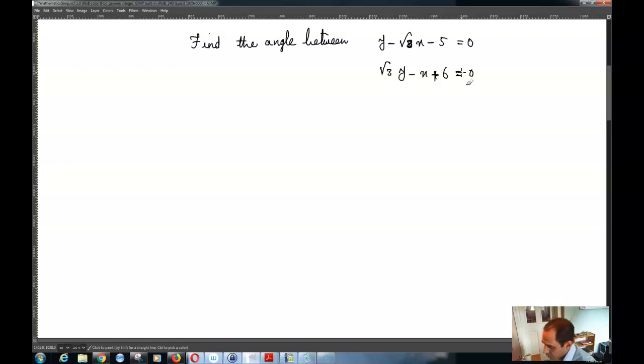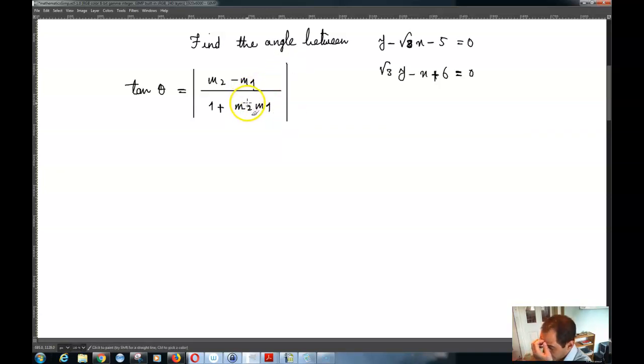And so if you remember, we did talk about the angle between two lines, and we derived the formula for this kind of situation, which was tan of theta, the acute angle between two lines, equal to the absolute value of m2 minus m1 over 1 plus m2 m1. So you can write it like this.